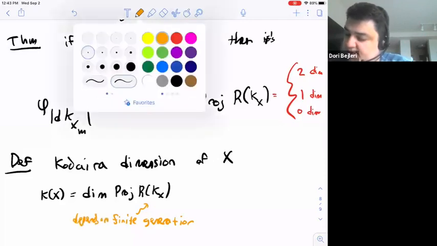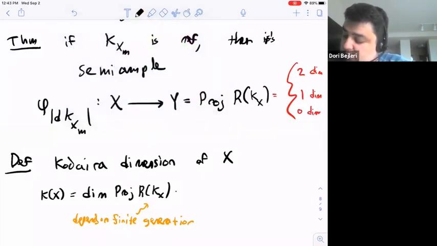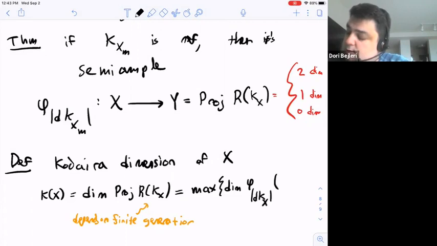So we can also define this as the maximum of the dimension of the image of this linear series, running over all d greater than 0.